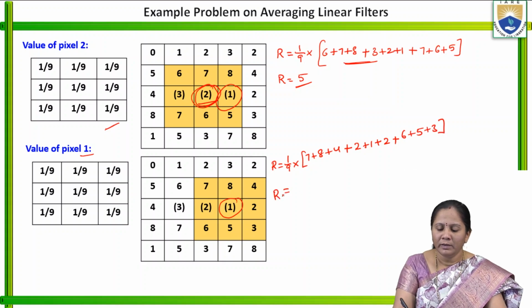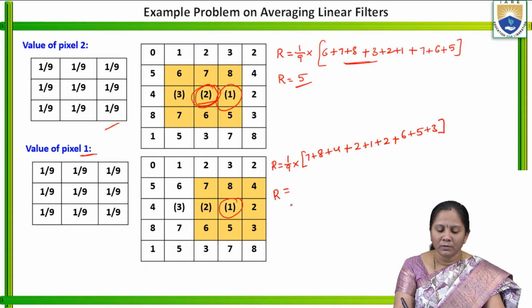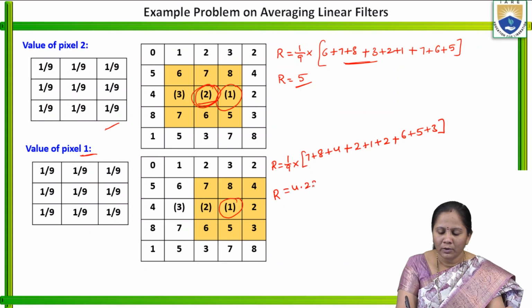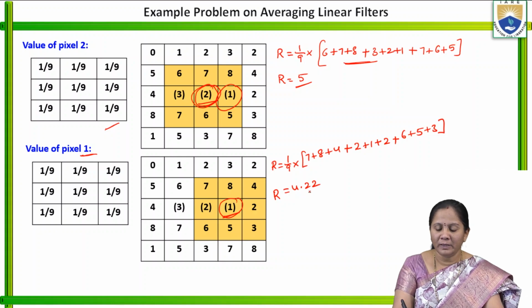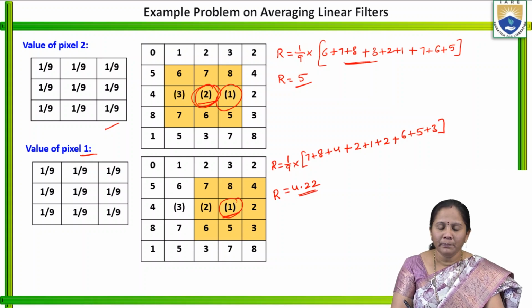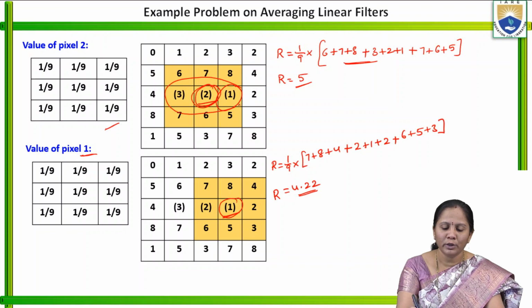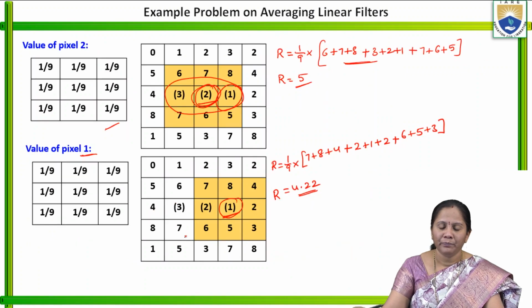If we simplify, we get the new value of 1, which is equal to 4.22. That means instead of 1 in the output image, we have to place the new value 4.22. So in this problem, we have calculated all the output pixel values for the marked pixels in the image, that is 3, 2 and 1. For 3, we got 5.33, for 2, we got 5, and for 1, we got 4.22.